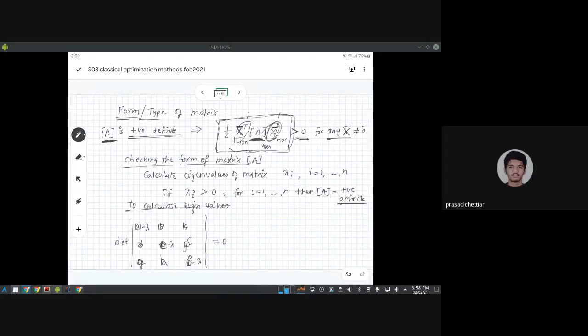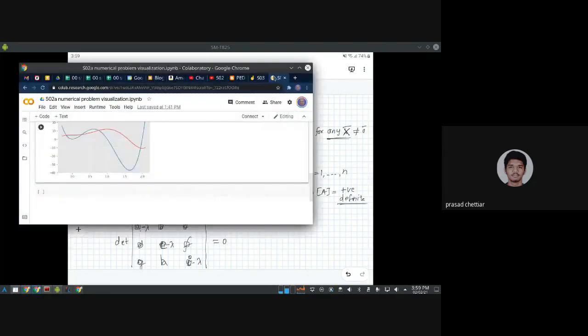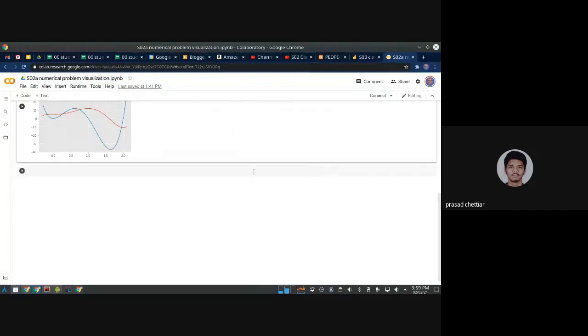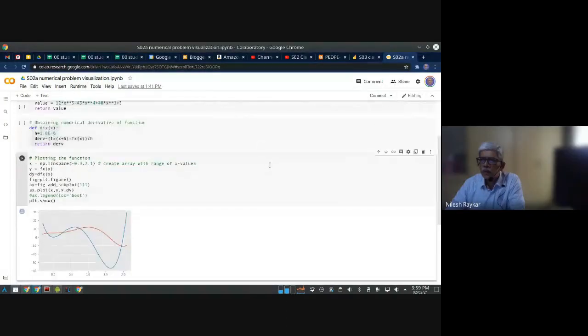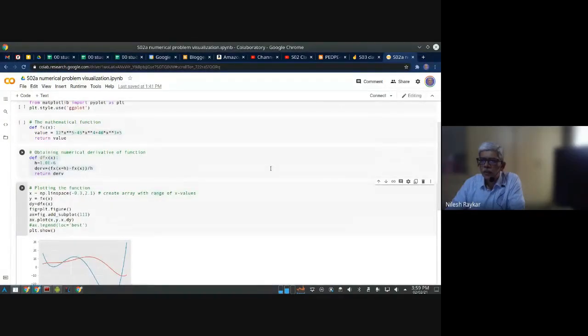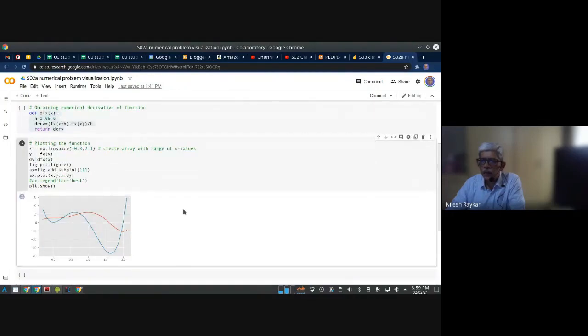When you were showing that code for the graphs, I saw you using libraries like NumPy and Matplotlib. Are we supposed to understand those things, or did you just show us for representation purposes? No, usually you don't have to understand those libraries in detail. For plotting, you simply copy paste the code which is available on the internet.